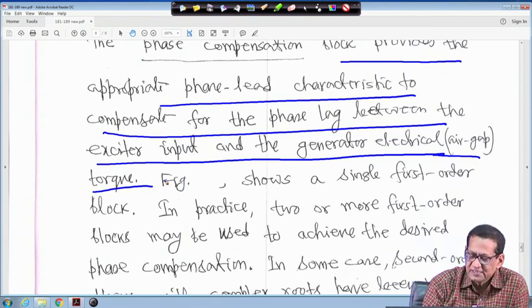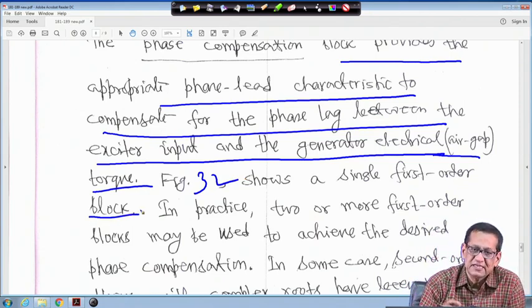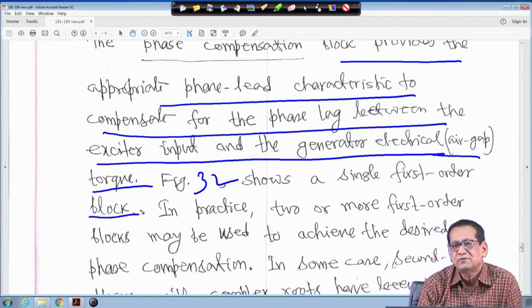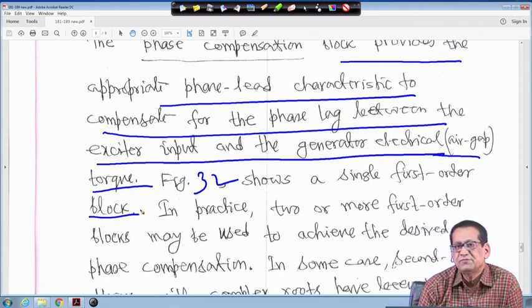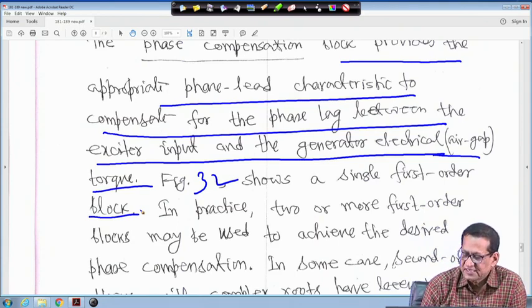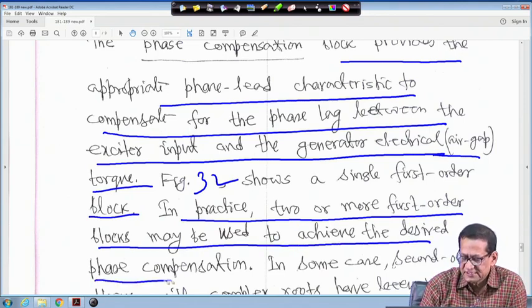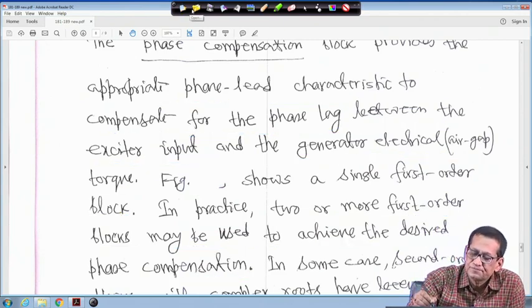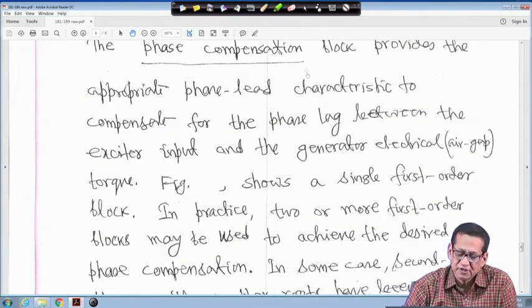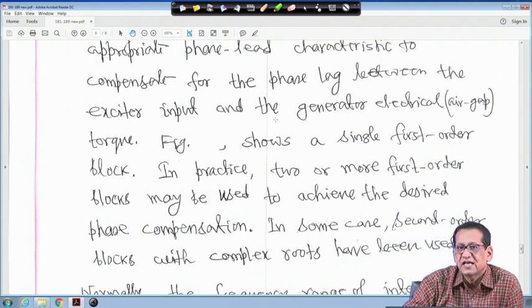Figure 32 shows a single first order block. We have considered a first order block here, but it may be multiple blocks, sometimes two or three, sometimes squared, depending on the system. In practice, two or more first order blocks may be used to achieve the desired phase compensation. We want pure damping, so we have to compensate that lagging angle.